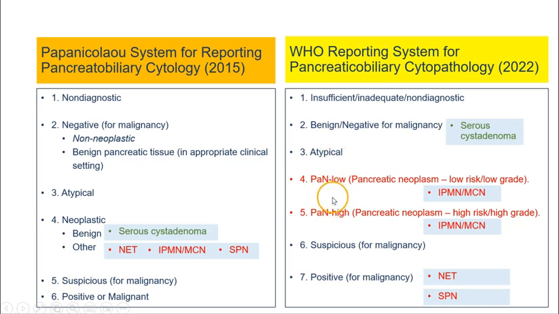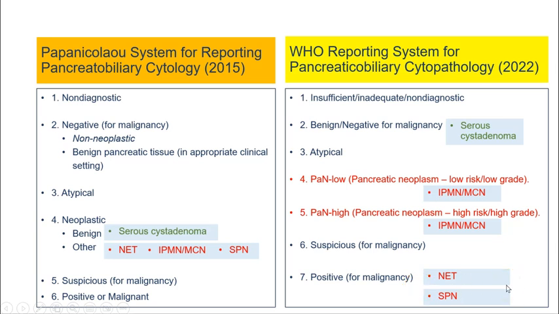And this is where 2 new categories have been introduced: PAN-low, which means pancreatic neoplasm with low risk or low grade features, and this includes IPMN and MCN, and then PAN-high, pancreatic neoplasm with high risk or high grade features, and similarly, this also includes IPMN or MCN. So the neoplastic mucinous cysts feature very heavily in these 2 new categories. And then we have suspicious for malignancy, which is similar to the Papanicolaou system, and finally positive for malignancy.